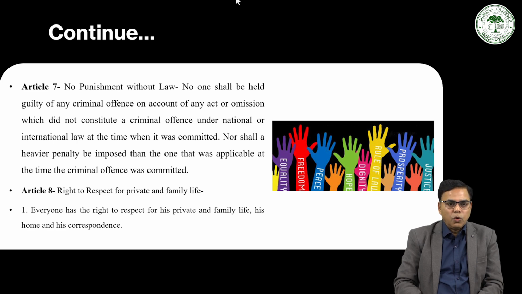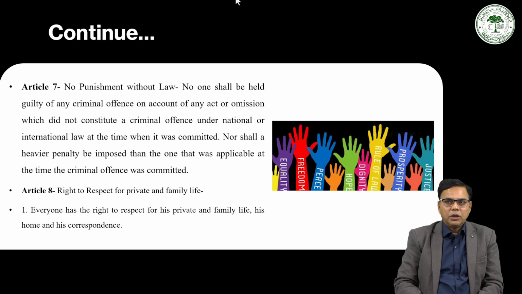Article 7, no punishment without law. No one shall be held guilty of any criminal offense on account of any act or omission which did not constitute a criminal offense under national or international law at the time when it was committed. Nor shall a heavier penalty be imposed than the one that was applicable at the time the criminal offense was committed.